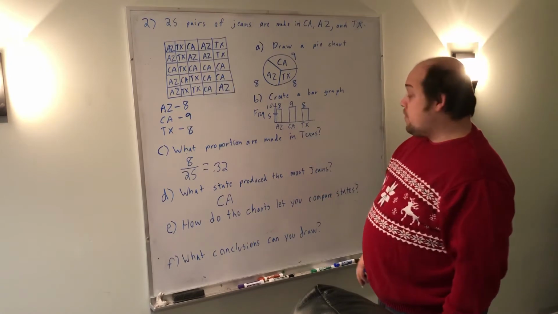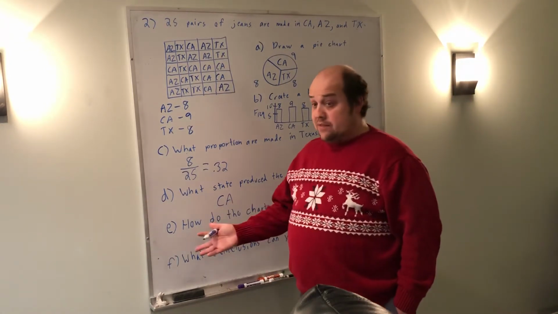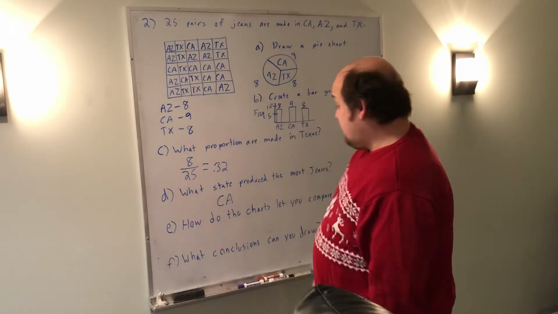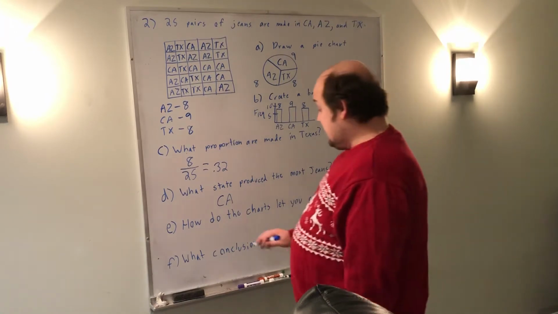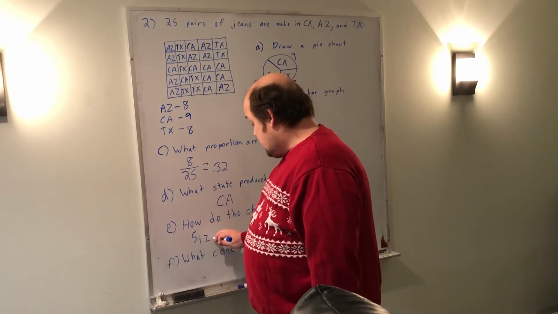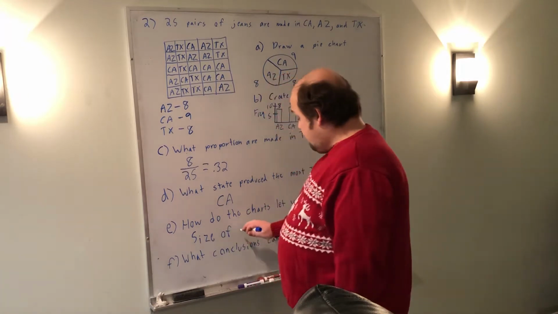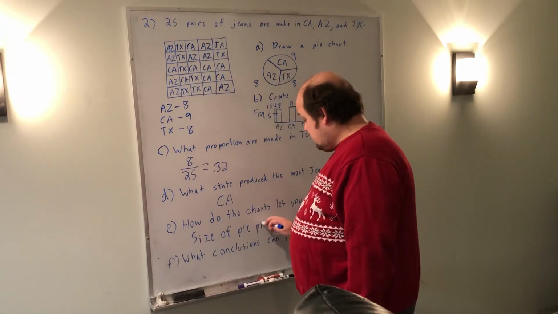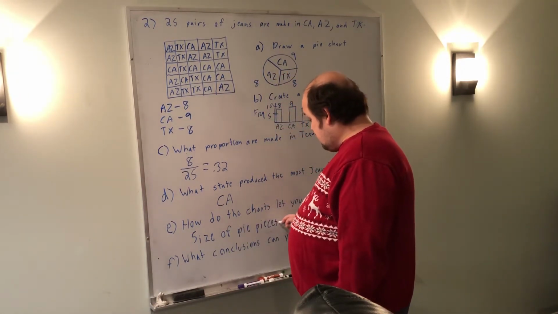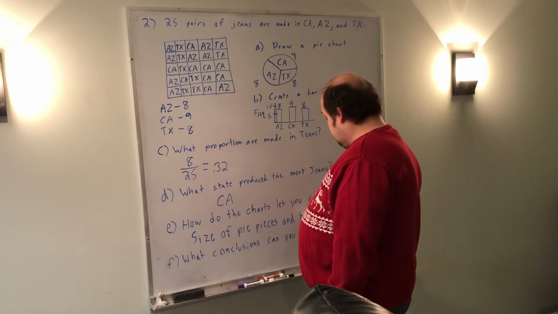How do the charts let you compare states? So this is a multiple choice question that they give you. Basically, you want an answer that says size of pie pieces and heights of bars.